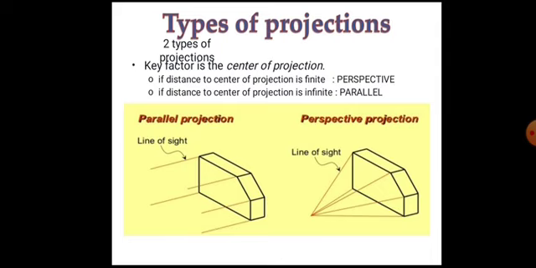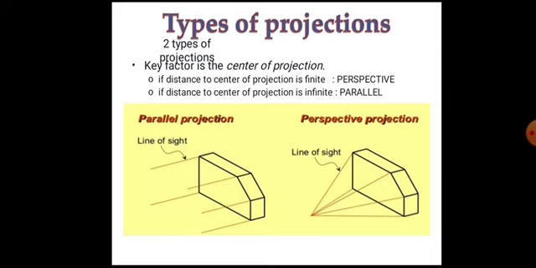Now, let's discuss parallel projections. If the center of projection is at infinite distance from the projection plane, then all the projectors are parallel to each other as shown in the figure. Such a method of projection is called parallel projection.